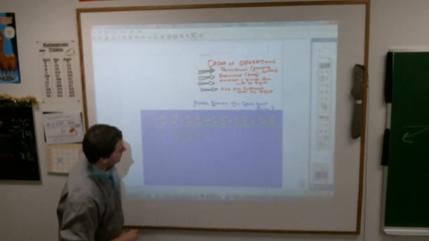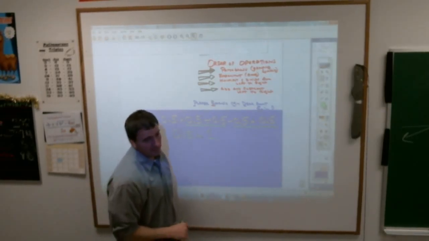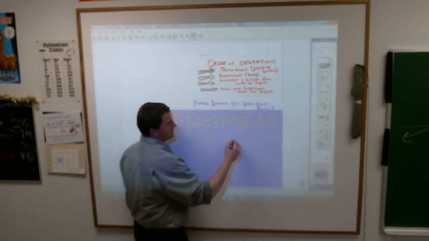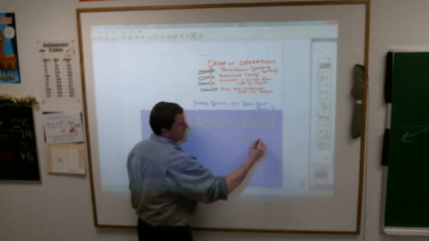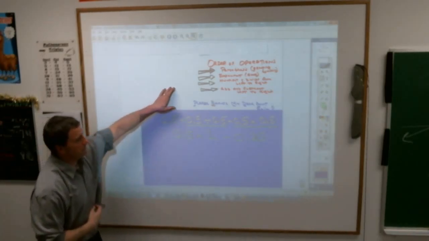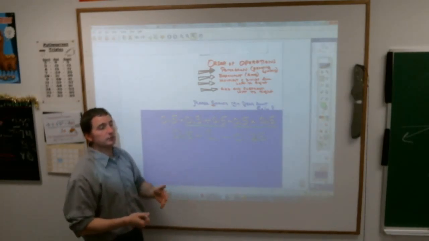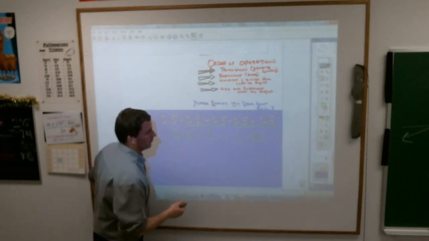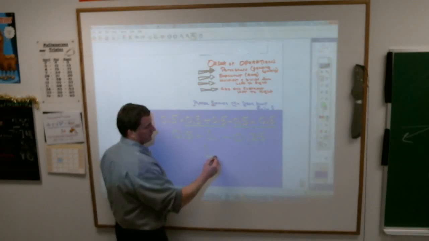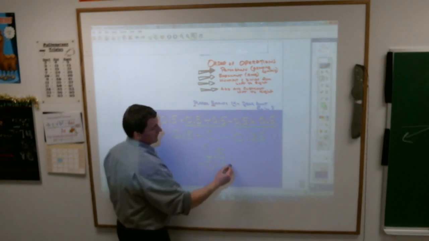And then what's 0.5 times 0.5? 0.25. So that takes care of my multiplication and division from left to right. Now I do adding and subtracting from left to right. They fall on the same level too. What is 0.5 plus 1? 1.5. And then I subtract 0.25 from that.